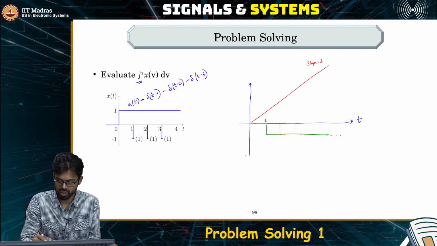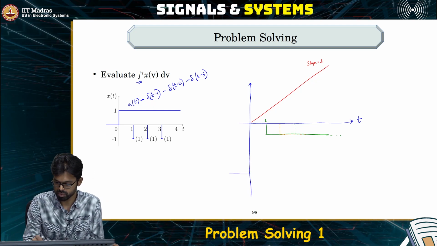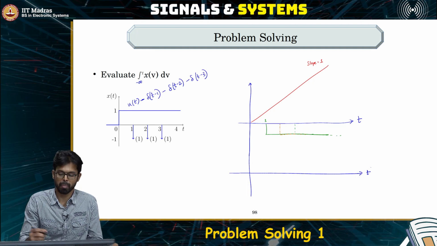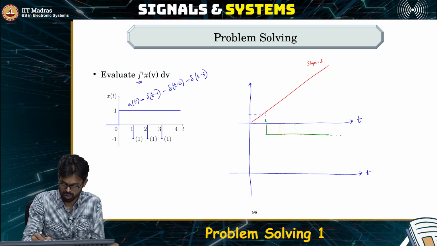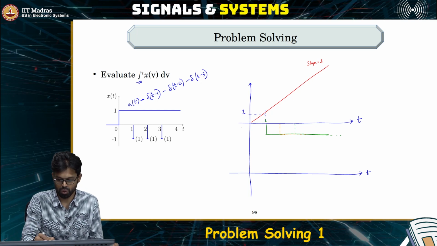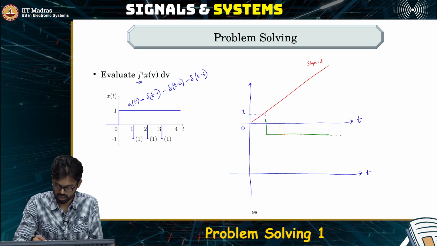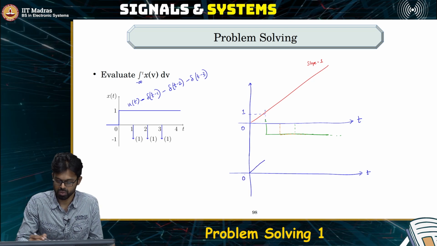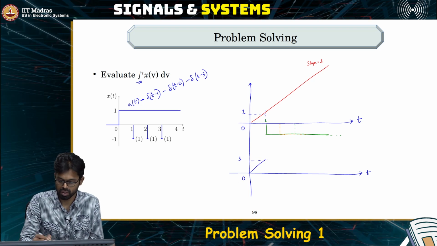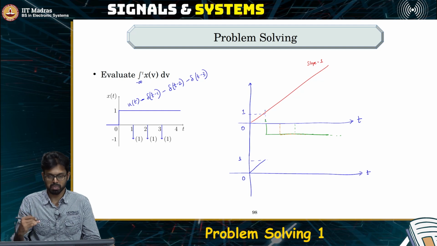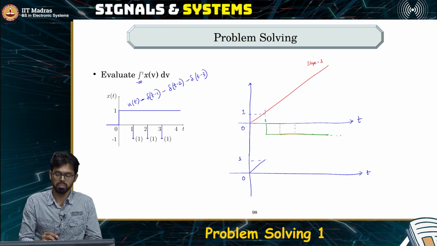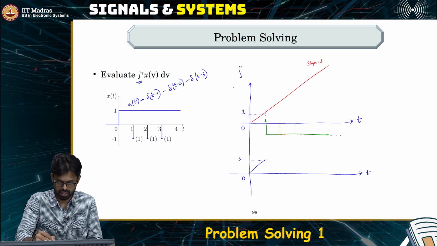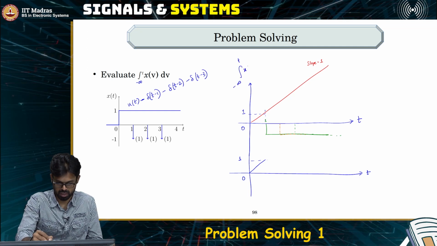Let's see what happens when you add them up. At this point, the value of the signal is 1. So it increases from 0, hits 1, and then keeps increasing, but then you have to subtract 1 because of this Dirac delta. This is the integral of x of v dv.